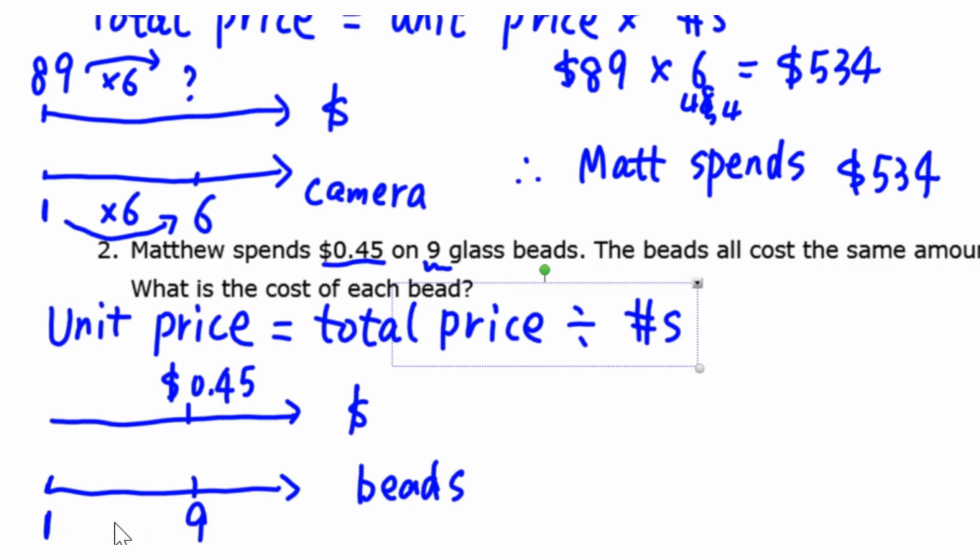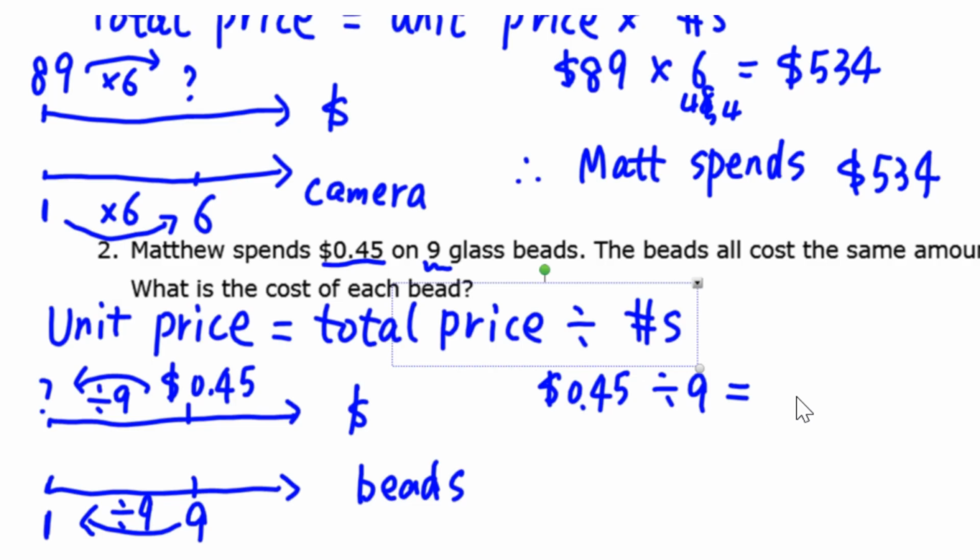So you will see on the number line, you are going from right to left, it will be division. So 9 divided by 9 is 1. And we do the same thing to find how much 1 bead is, divide by 9 again. So $0.45 divided by 9.